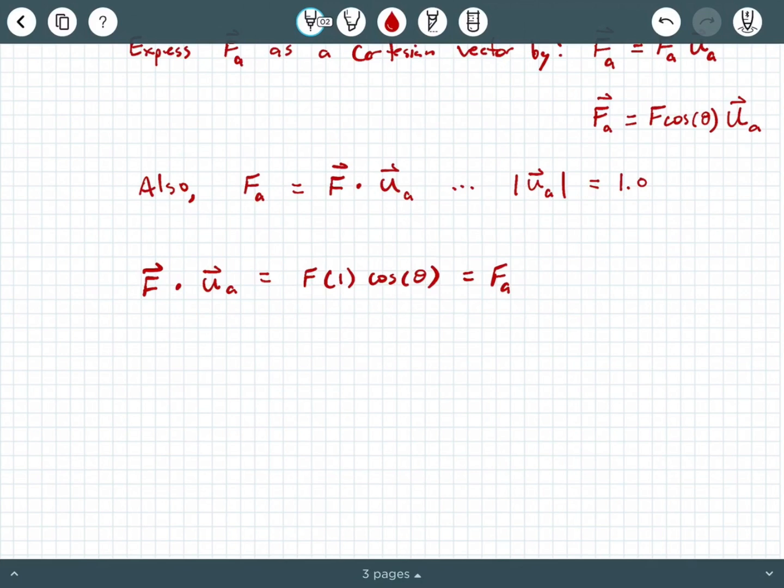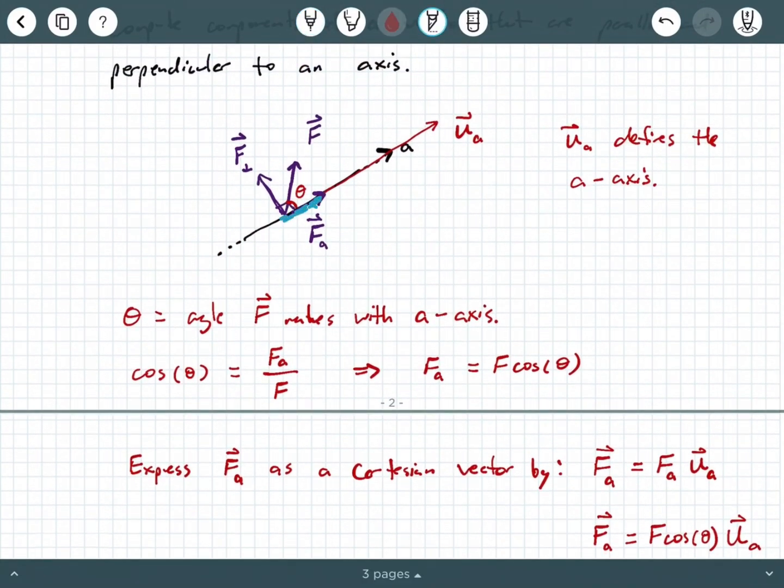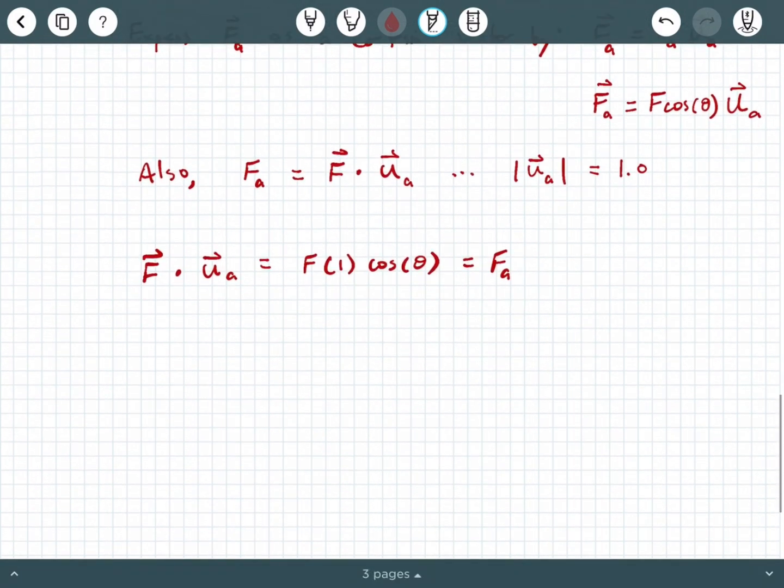What else can we piece together? So far this has all been with respect to this parallel component right here. What about the perpendicular component? What can I say about F perpendicular? We can say vector F is equal to vector F sub A plus vector F perpendicular.